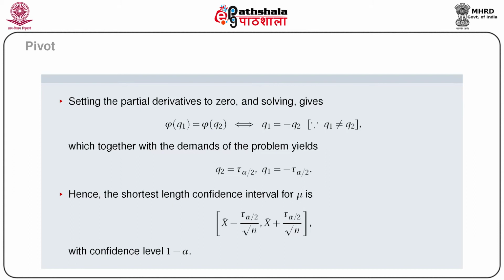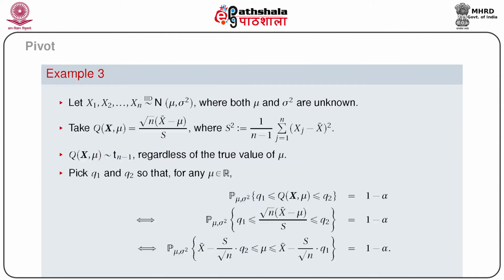Hence, the shortest length confidence interval for mu is given by the interval (X bar minus tau alpha by 2 divided by root n, X bar plus tau alpha by 2 divided by root n). Here X bar denotes the observed value of capital X bar obtained from the random sample. We consider our second example.